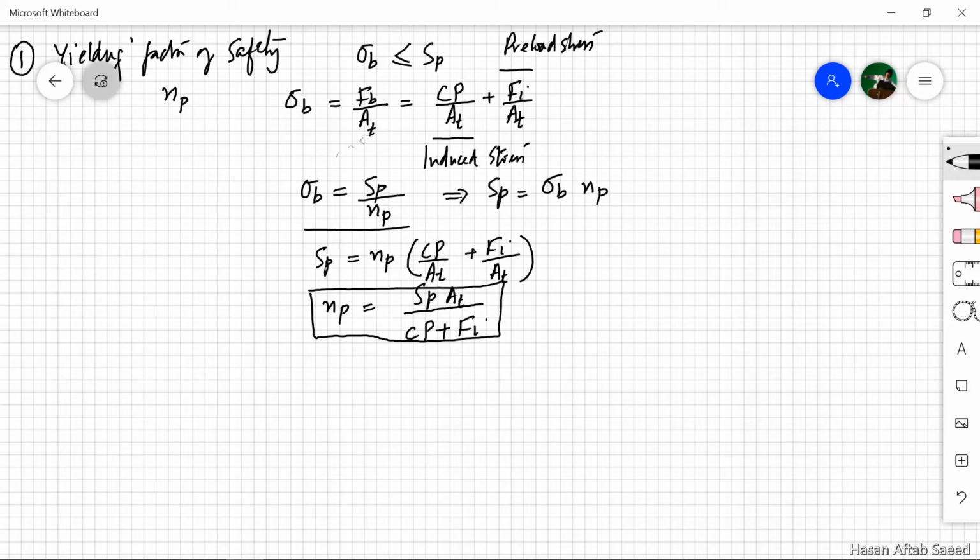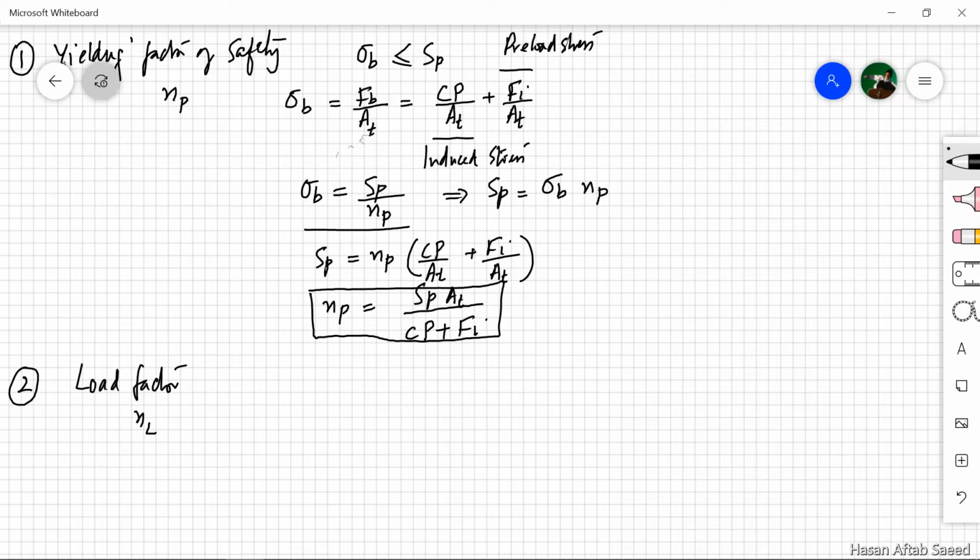Now there's another kind of factor of safety, but this time it's not yielding, it is called a load factor. It is similar but not the same, and the symbol is NL, as opposed to the yielding factor of safety, which sees by what factor the whole stress sigma B can be increased before we reach SP.